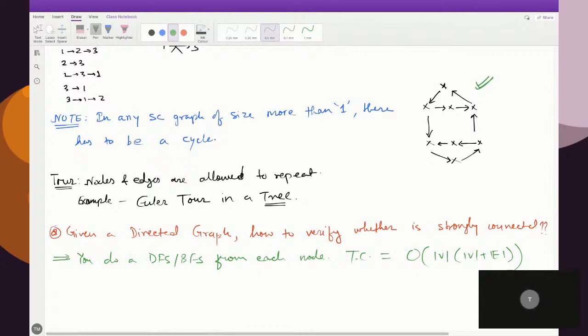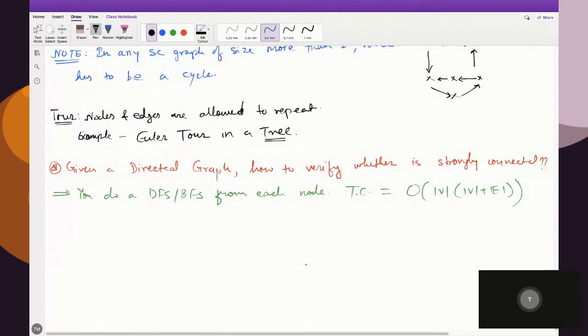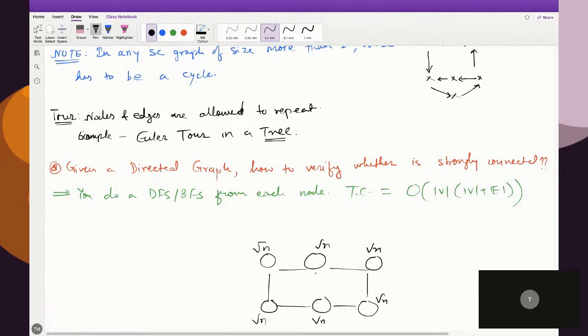Harshita was right about the large cycle argument. See Sachin, what will actually happen is, if I give you a problem where there are many small loops like this, and there is one large loop like this, and each of these contains square root n nodes, and then this large cycle will also contain, of course, square root n nodes in total.